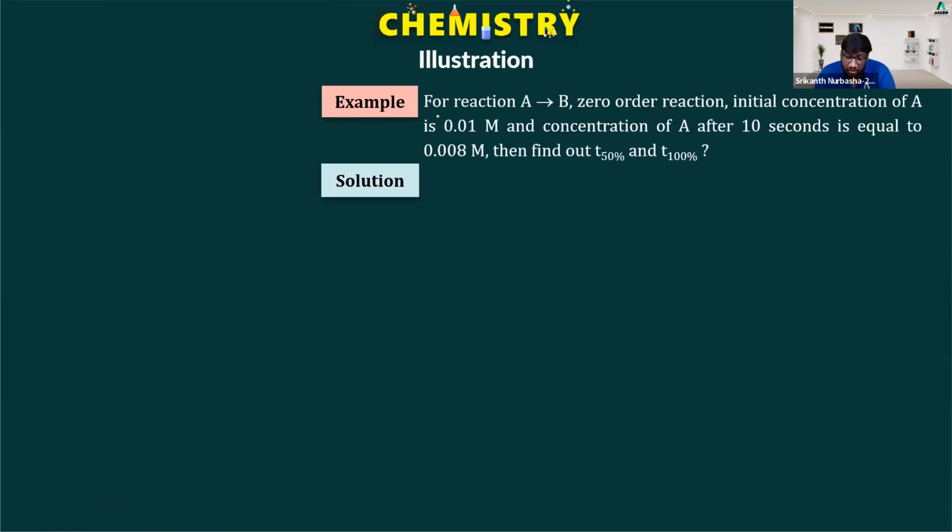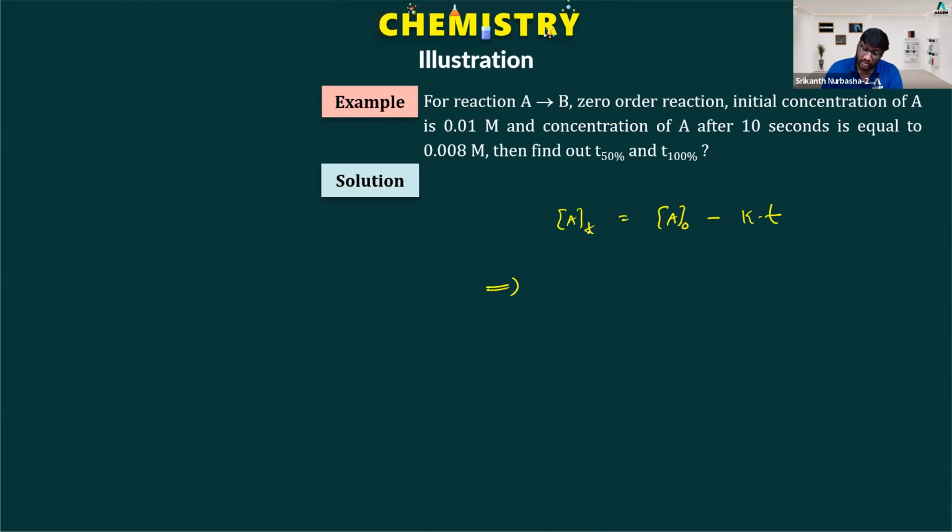Solve this question. For the reaction A gives B, a zero order reaction, the initial concentration of A is 0.01 molar and the concentration of A after 10 seconds is 0.008 molar. Find out T 50% and T 100%. Concentration of A at time T is equal to concentration of A at time 0 minus K into T. This is the expression.